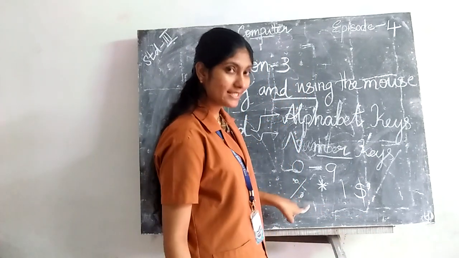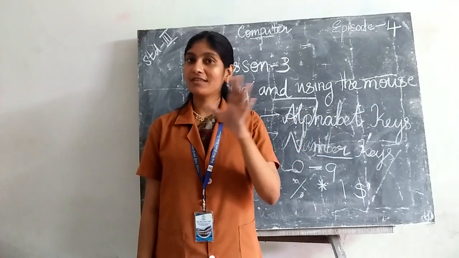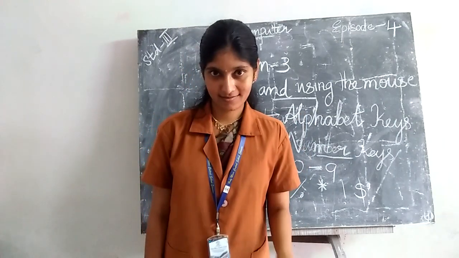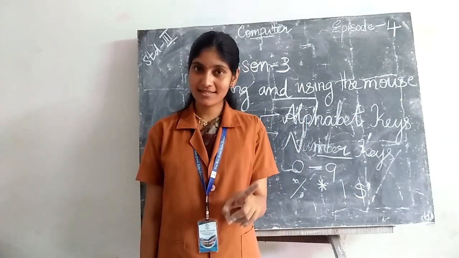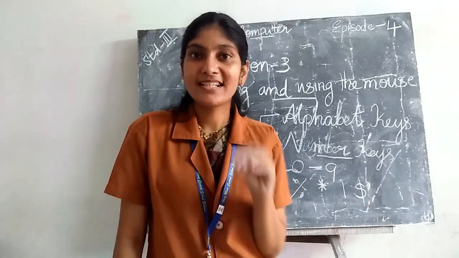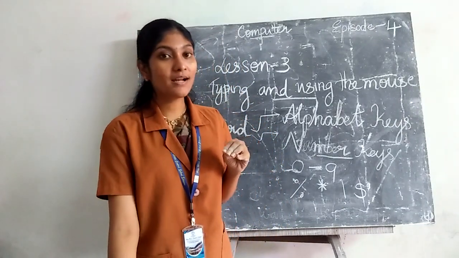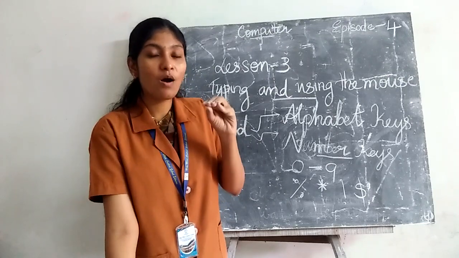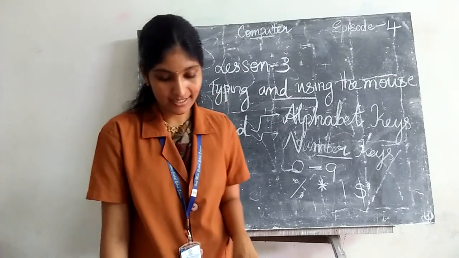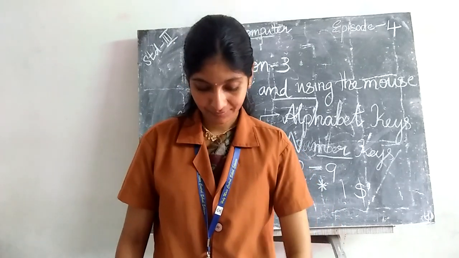These types of signs are present on the top of these number buttons. Right? All of you understand? So, number key means it contains the digits 0 to 9. And it also contains some signs on the top of that button. That means upper half of that key.